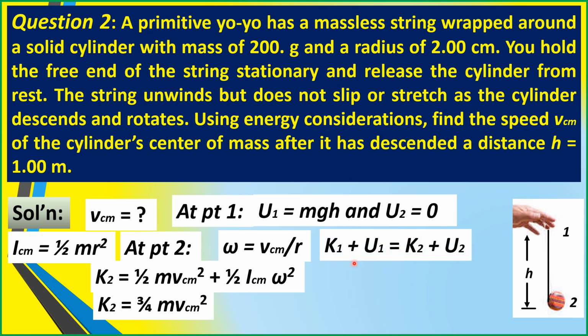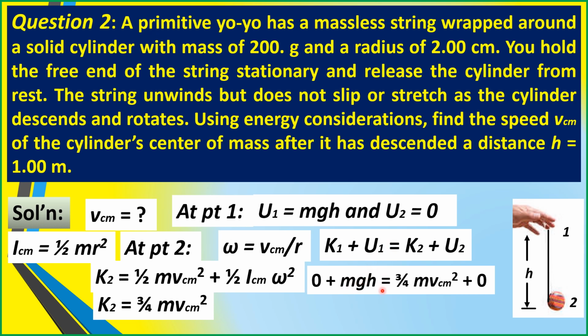The kinetic energy at position 1, plus the gravitational potential energy U sub 1, must be equal to the sum of the kinetic energy when the yo-yo is at point 2 plus its gravitational potential energy U sub 2. At point 1, the yo-yo has zero kinetic energy, but it has gravitational potential energy as mgh.